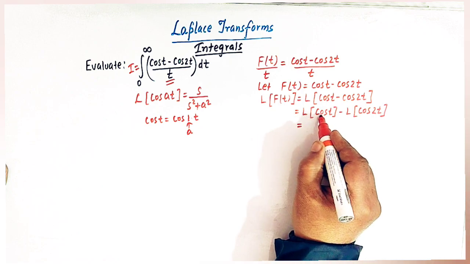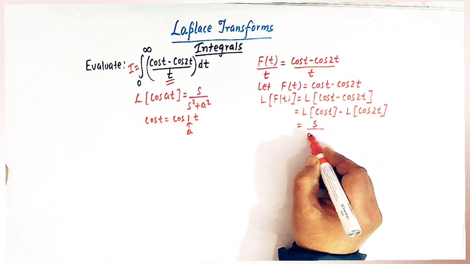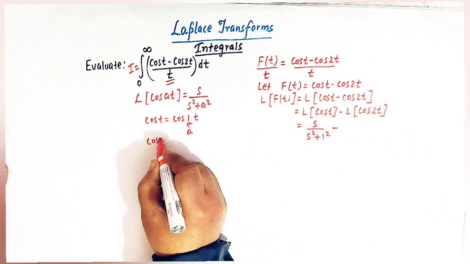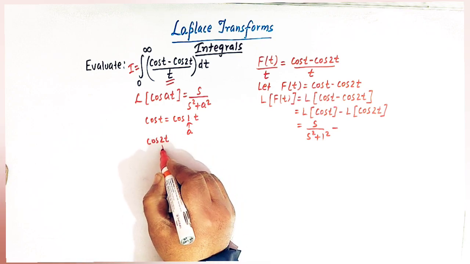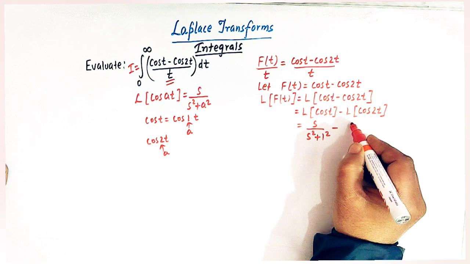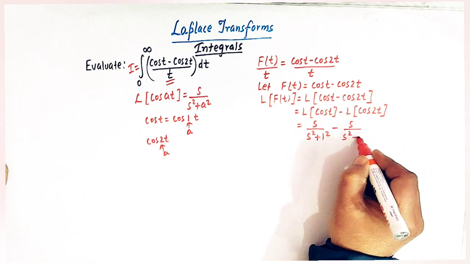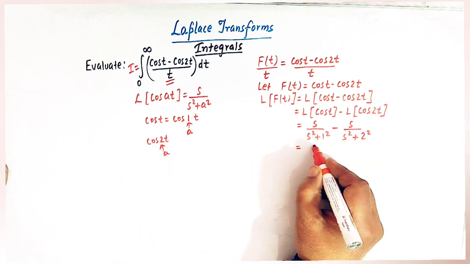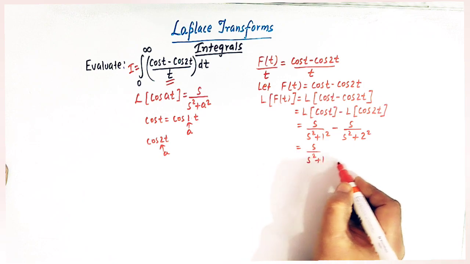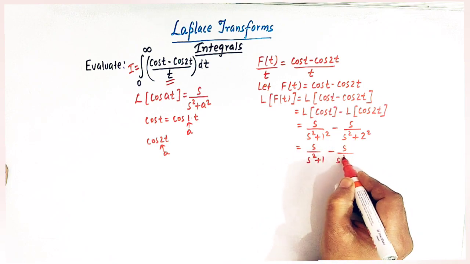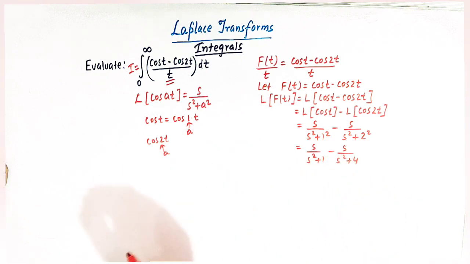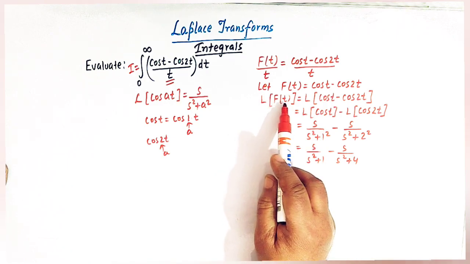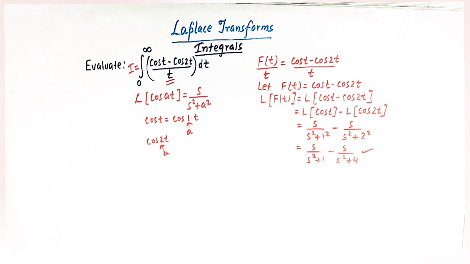So the Laplace transform of cos t is s over s square plus 1 square, and in case of cos of 2t, the value of a is 2, right? So here we have s over s square plus 2 square, right? So we can now write s over s square plus 1 minus s over s square plus 4, right? So the first step is to find the Laplace transform of f of t, which is this expression.